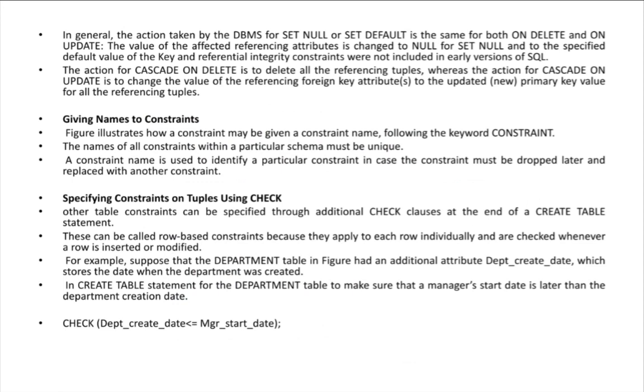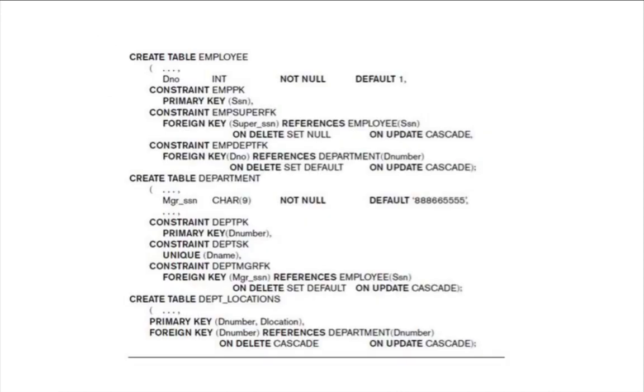And one more important thing: giving names to the constraints. For example, you can create your own constraint by using the keyword CONSTRAINT. Here in this example, you have created a constraint, EMP SUPERFK. EMP SUPERFK is the foreign key constraint you have created.